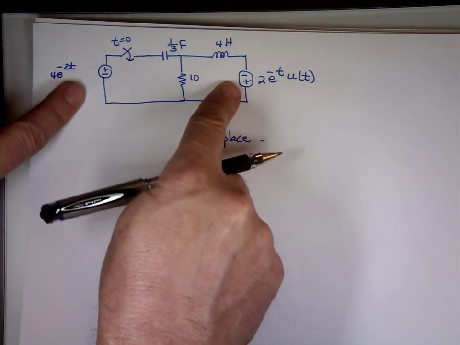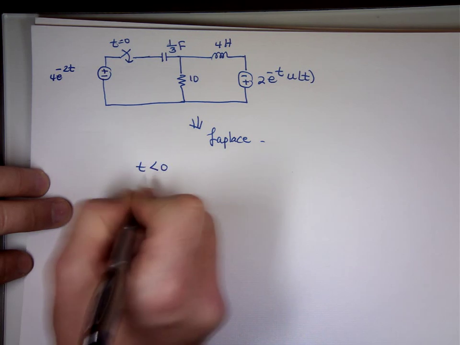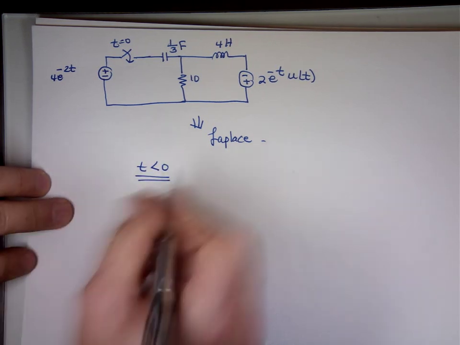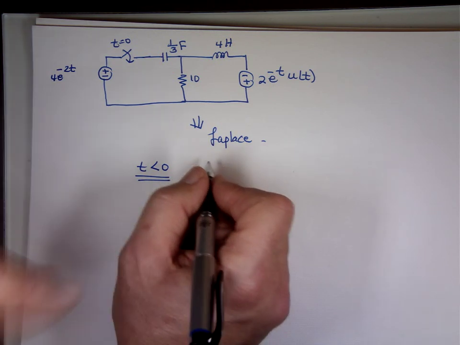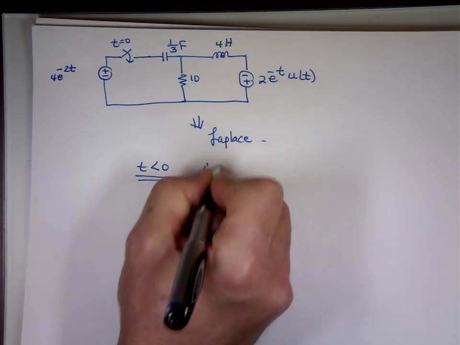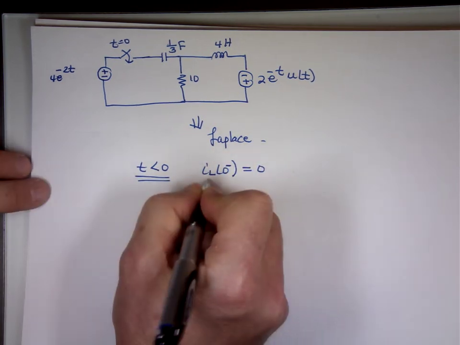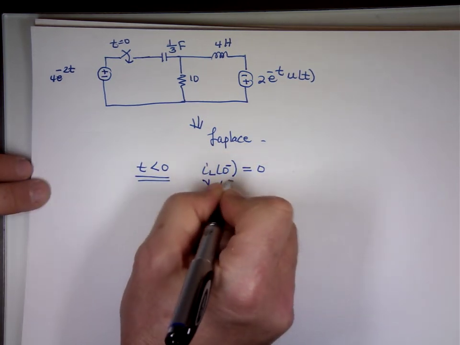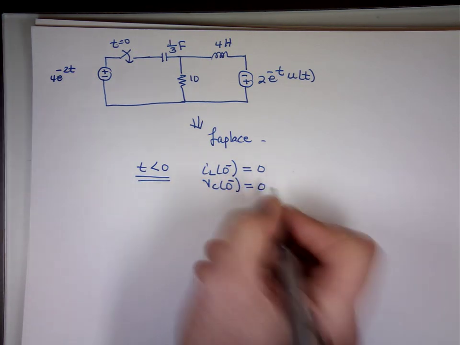Since the circuit has no power for t less than 0, what is the current through the inductor? What's I sub L at 0 minus? 0. What's the voltage across the capacitor at 0 minus? 0. There's nothing there.